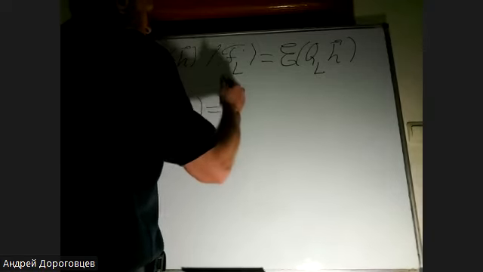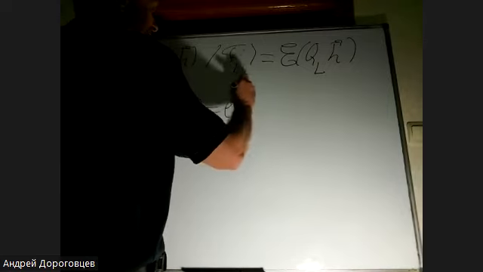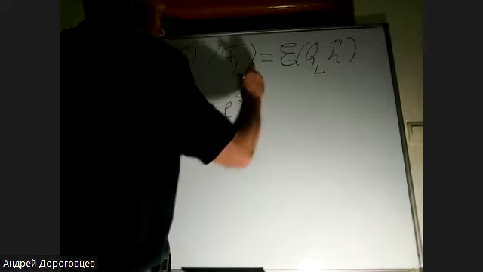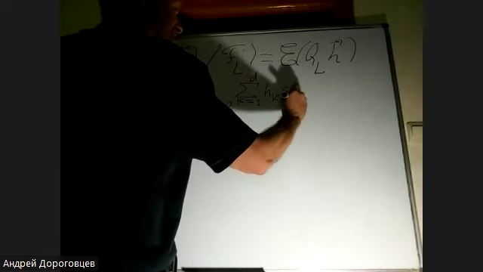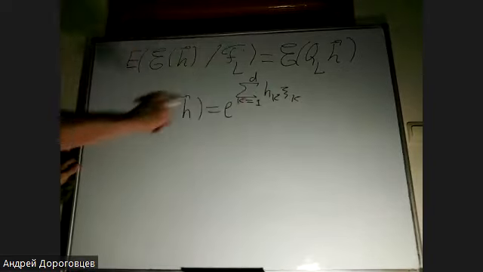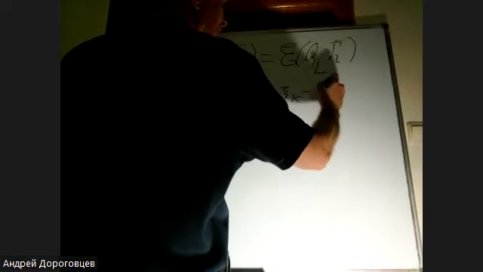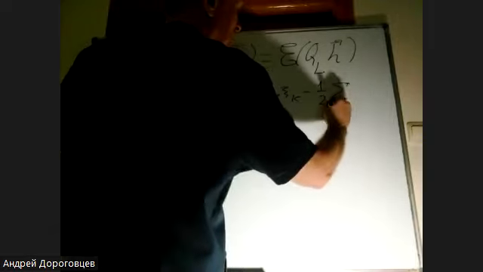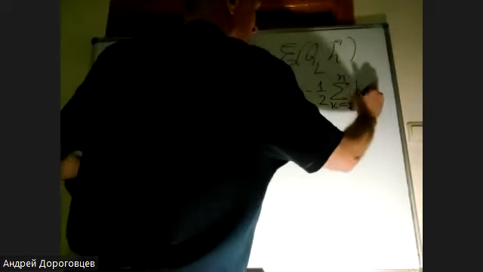It will be the exponent of the sum from k equals 1 to d of h_k ψ_k, where h_k are coordinates of our vector h and ψ_k are coordinates of our vector ψ, minus 1/2 of the sum from k equals 1 to d of h_k squared.